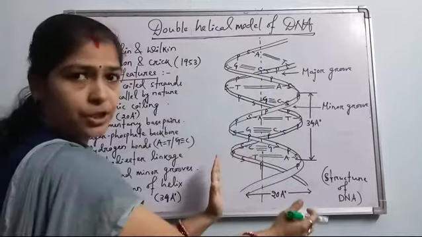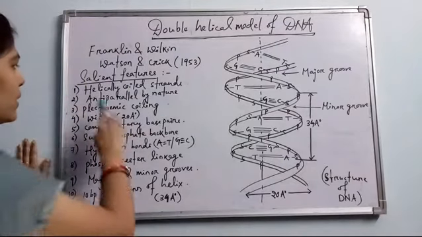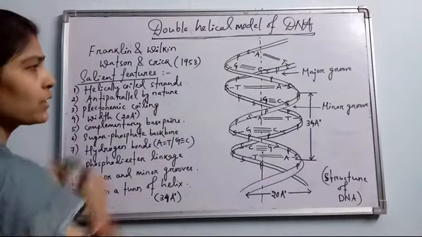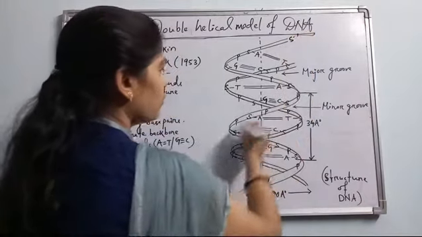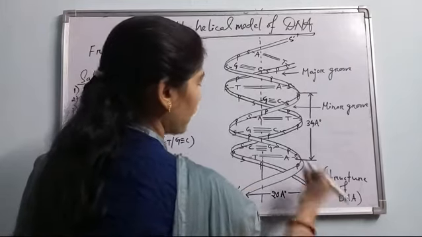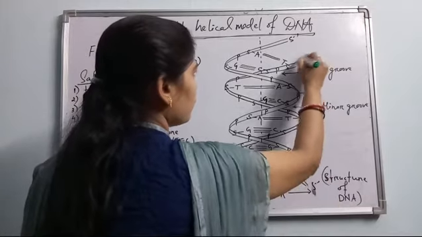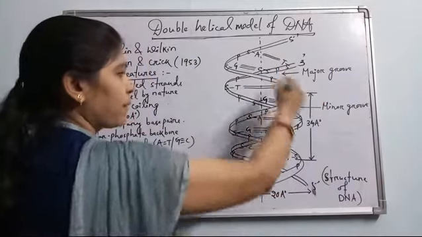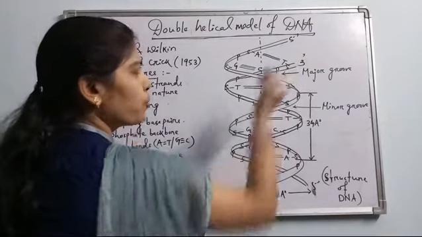Second, anti-parallel by nature. What does anti-parallel mean? One strand of DNA is directed 5' to 3', and the other is also 5' to 3' but running in the opposite direction.